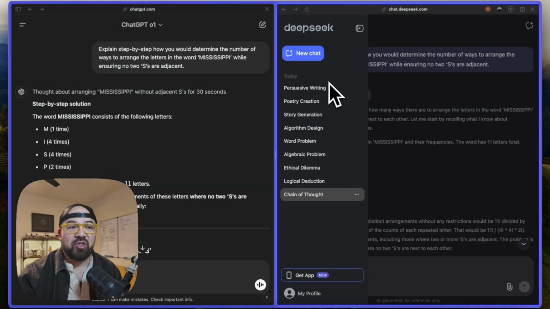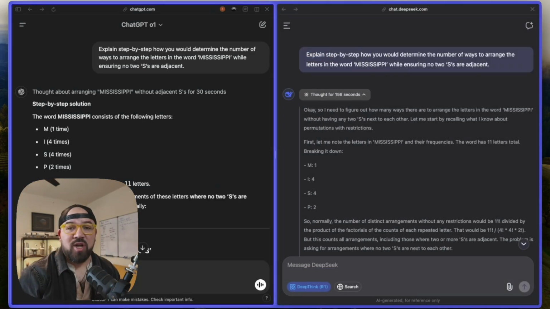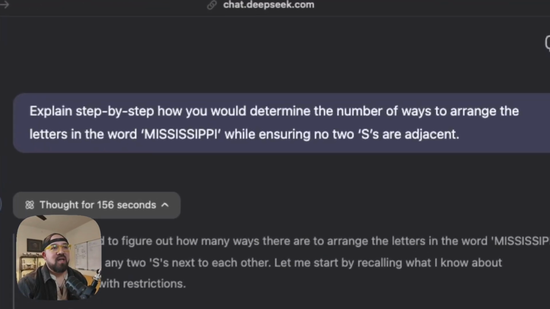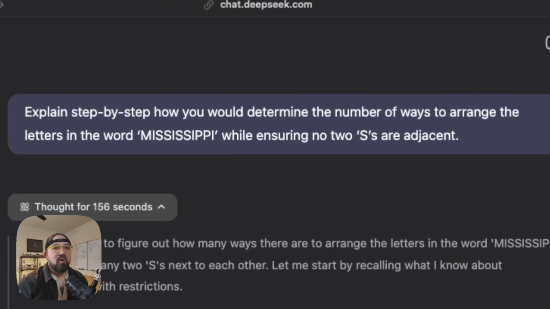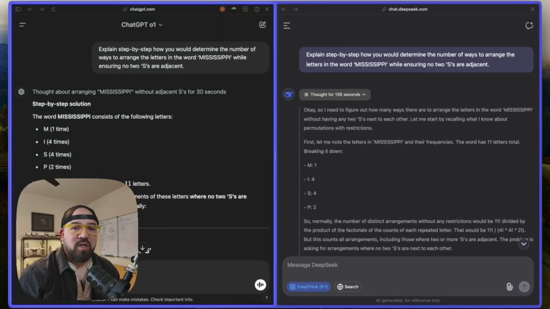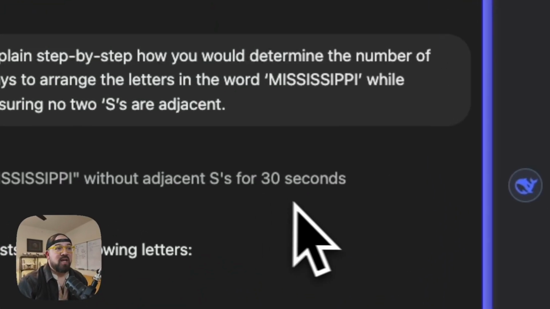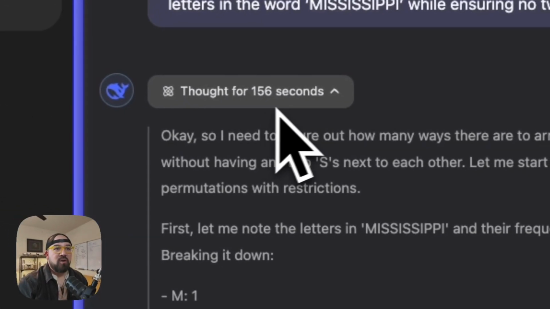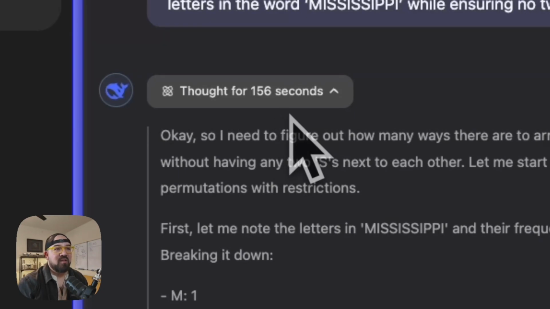All right, let's start with chain of thought. So the question I asked is, explain step-by-step how you would determine the number of ways to arrange the letters in the word Mississippi, while ensuring no two S's are adjacent. Now, initially, O1, as you can see, took 30 seconds, and R1 took 156 seconds, about 5 times the amount of time.